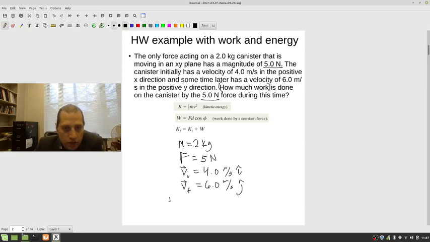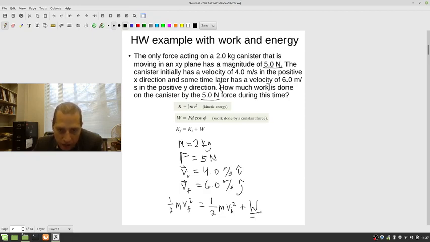If you know the initial kinetic energy, 1/2 m v initial squared, and the final kinetic energy, 1/2 m v final squared, the way that you change the initial kinetic energy to the final kinetic energy is by putting in some work. And that's really all this question is asking.